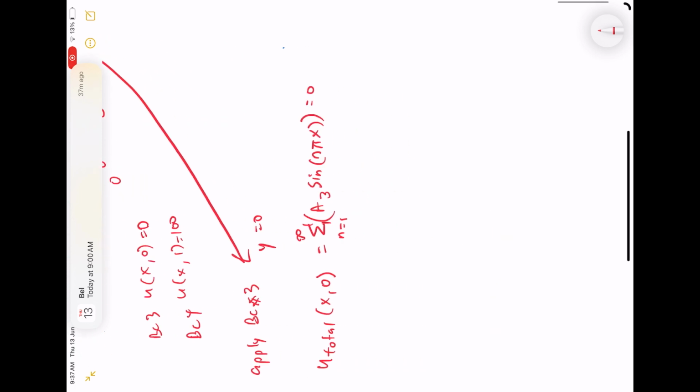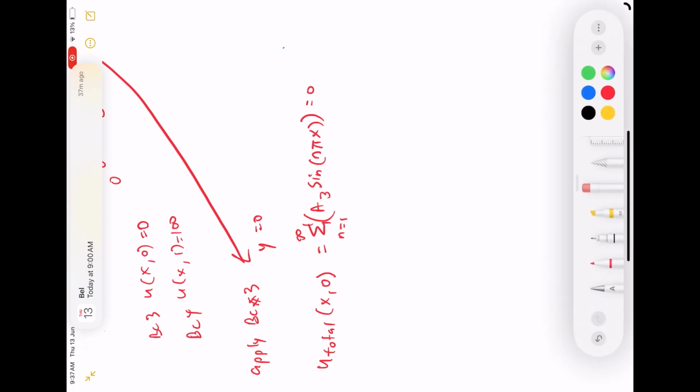Do you think you are done here, right? But actually no. If you still remember the Fourier sine series expansion, try to recall. This is the next part, so I put another color. Maybe we use black now.